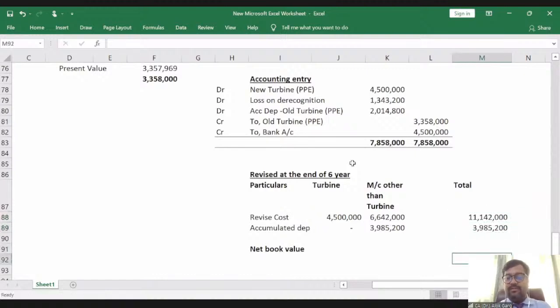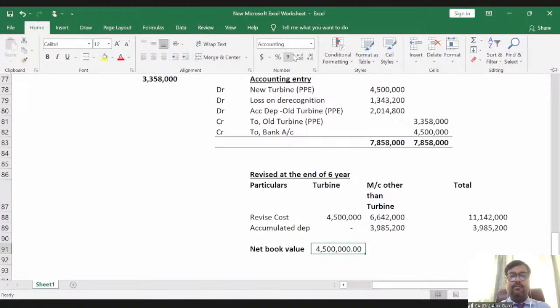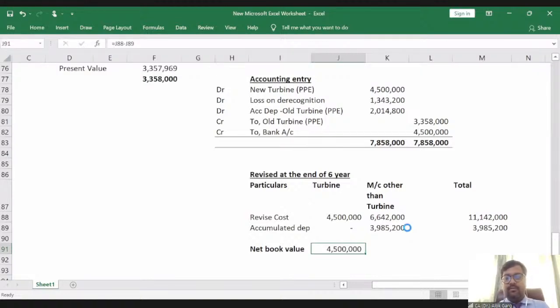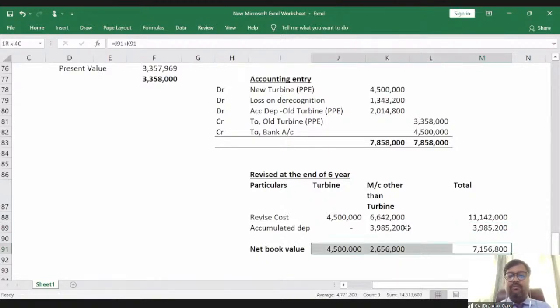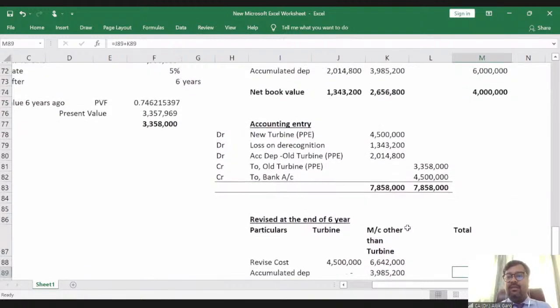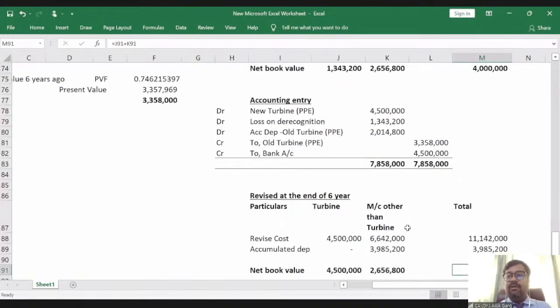Then what is the net book value? This is this minus this. 45 lakh for the turbine, and 26,56,800 for the rest, so the total net block will be 71,56,800. The net block of 40 lakh will become 71,56,800, because this 45 lakh has been added.